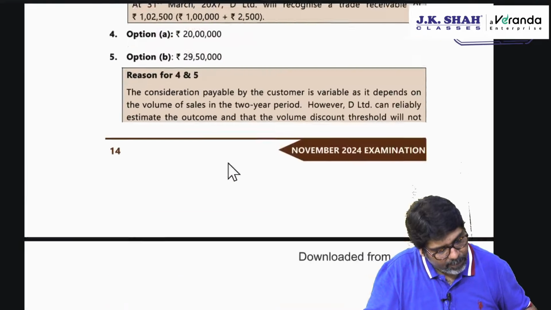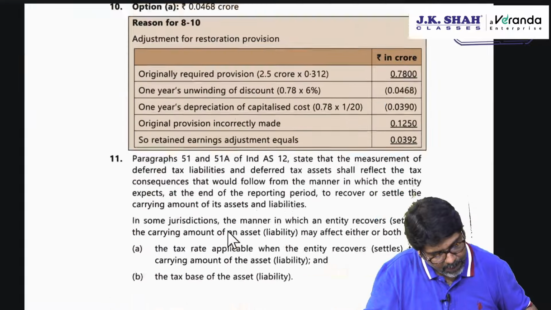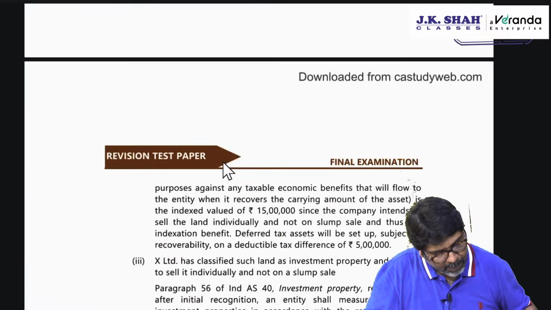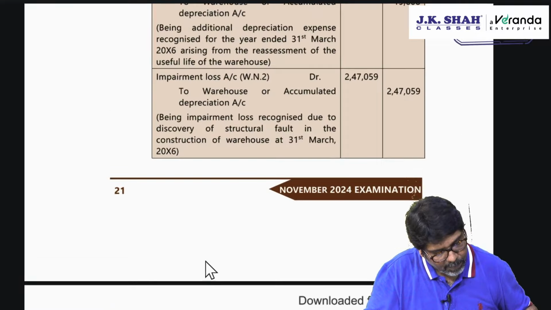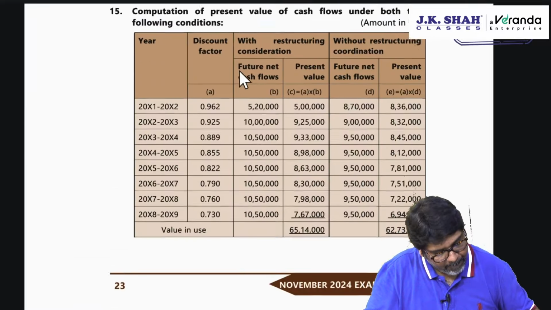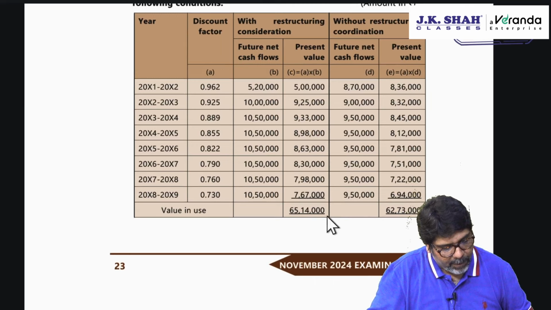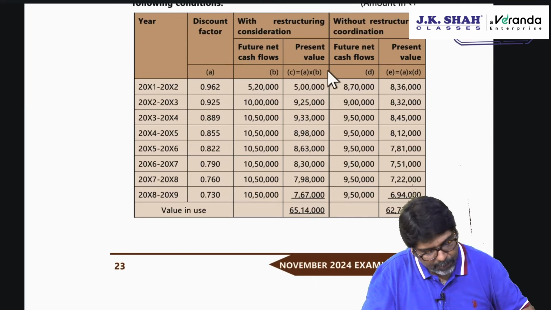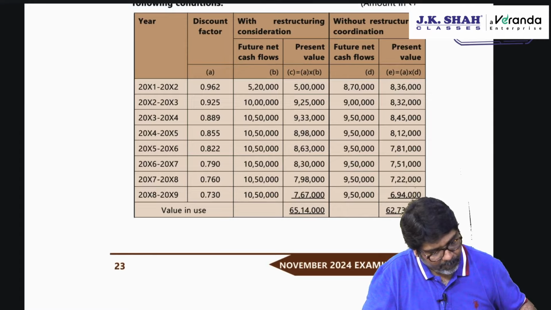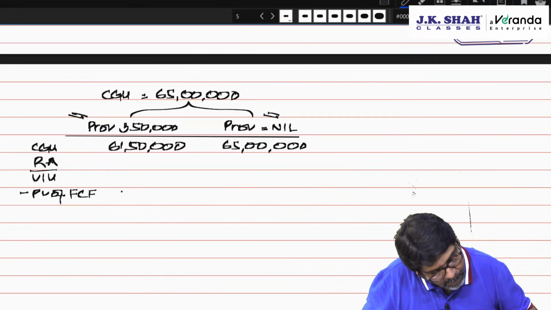Present value of the cash flows. Yeah, 65,14,000 and 62,73,000.